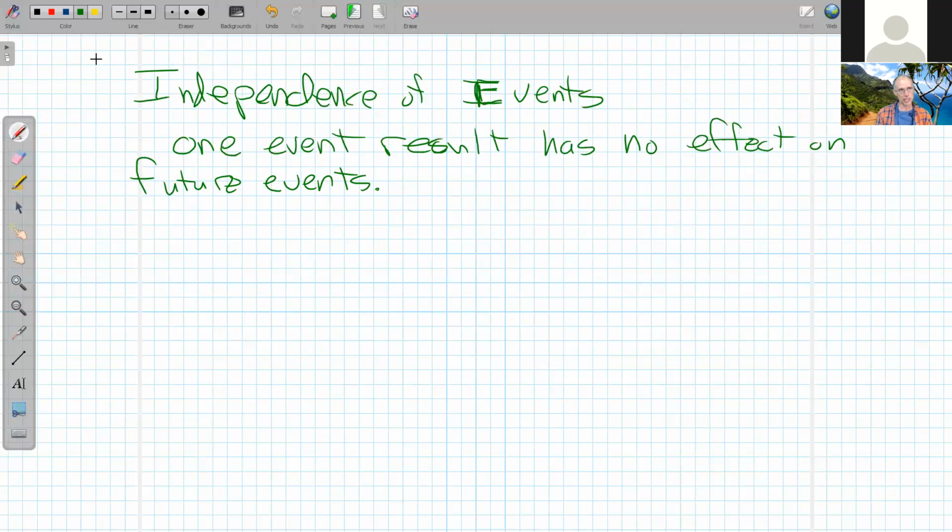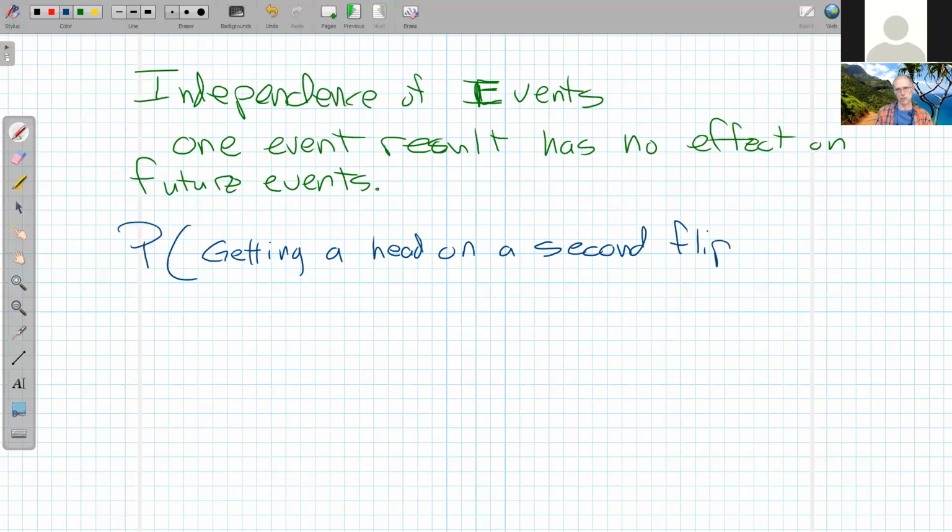Flipping a coin, for example, what's the probability of getting a head on a second flip, knowing there was a head on the first flip?